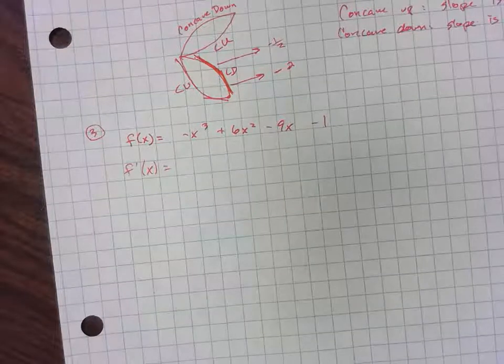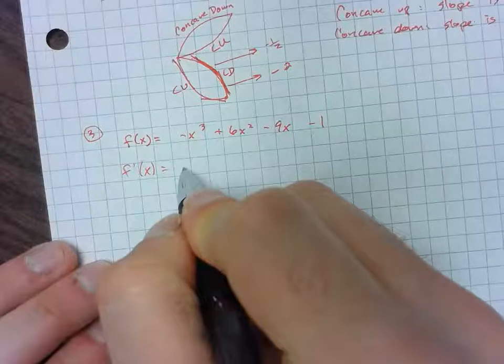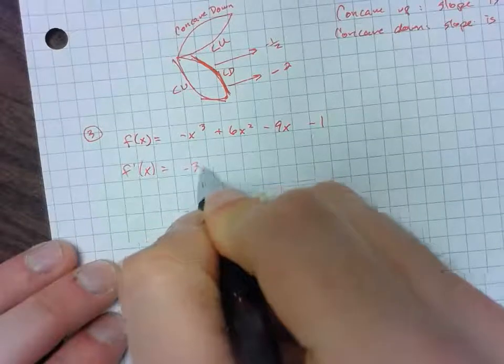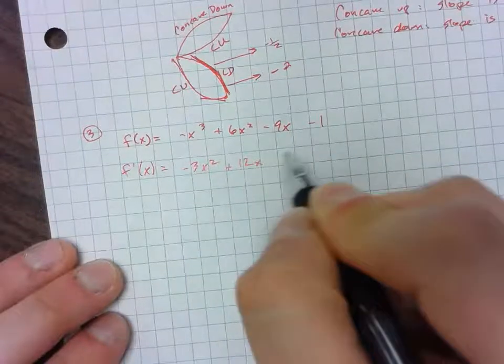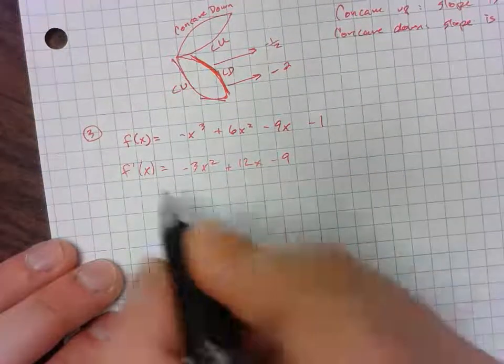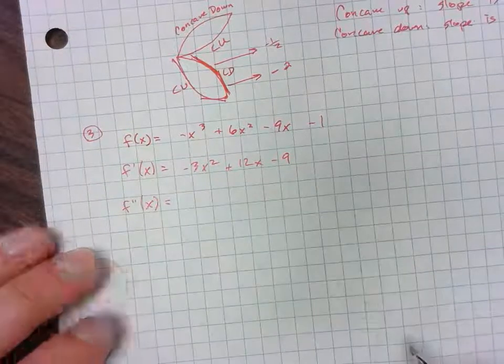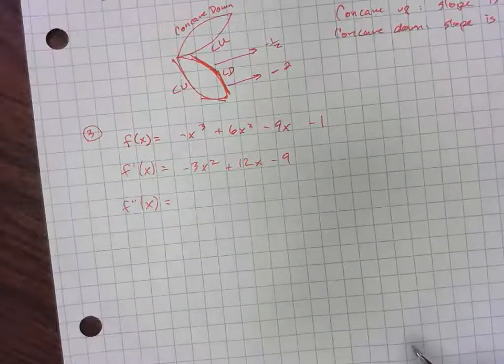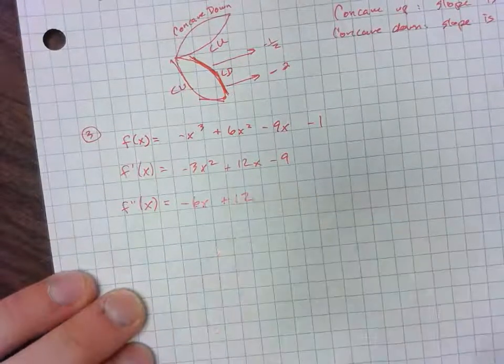Give me the first derivative. Yep. Good. Alright, now let's find the second derivative. Mason, give me the second derivative. Negative 6x plus 12. Yep.